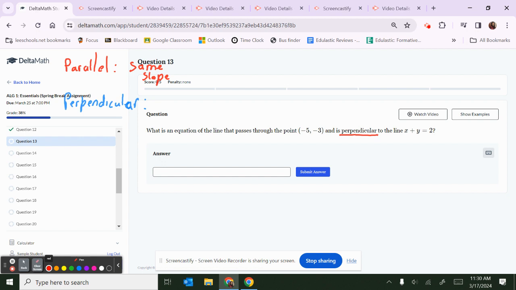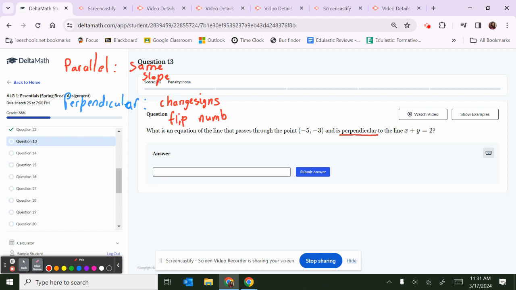If it's a negative, it turns to a positive. So you change signs. And then you flip the number. Whatever it is, you write it as a fraction and you flip it.